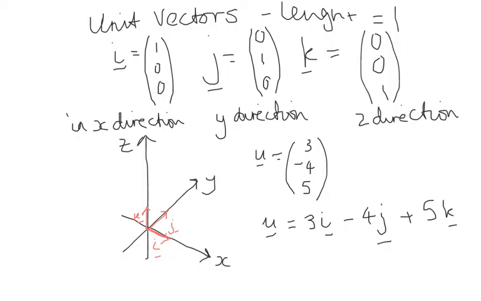So there are 2 ways to write the same thing, 2 options or 2 forms for 3D vectors. So this vector u would go 3 along, 4 back, and 5 up. Maybe something like this. Vector u. It's difficult to see that in a 3D picture.